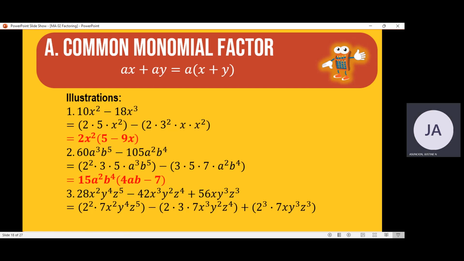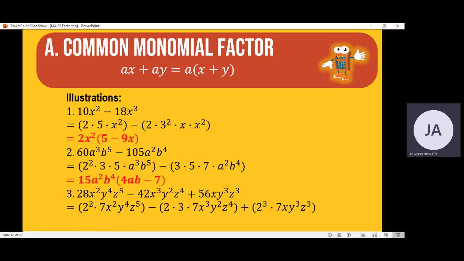Now again, let's identify. We need to look at the common monomial factor. The degree for x is x. For y, we have y squared. And for z, we have z cubed.